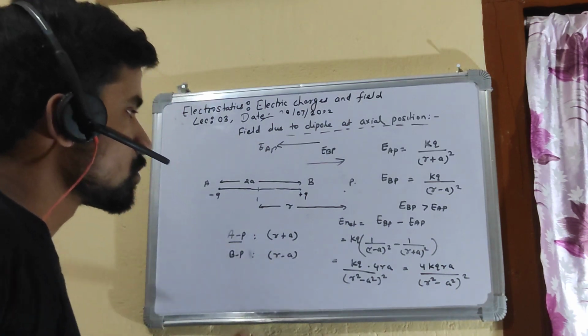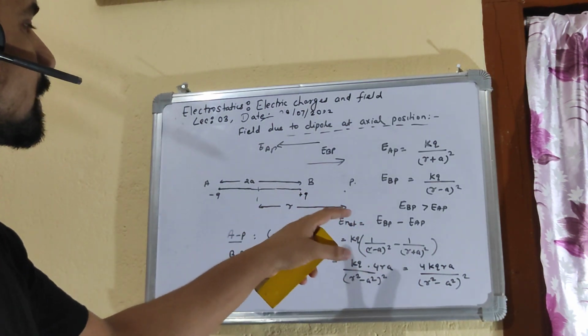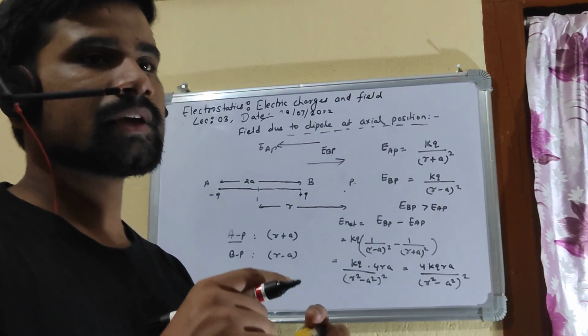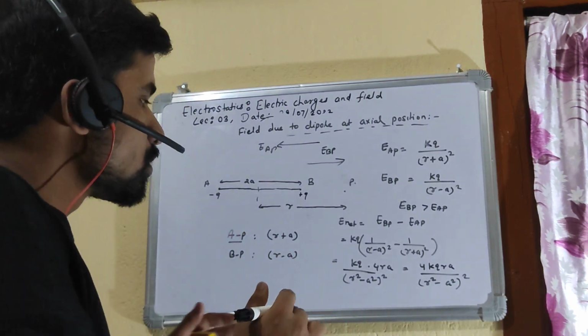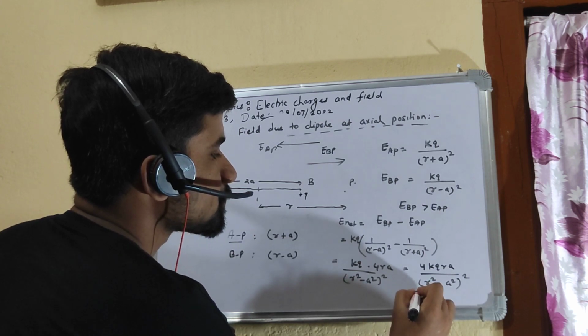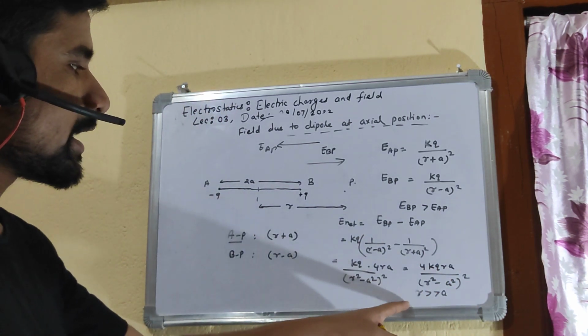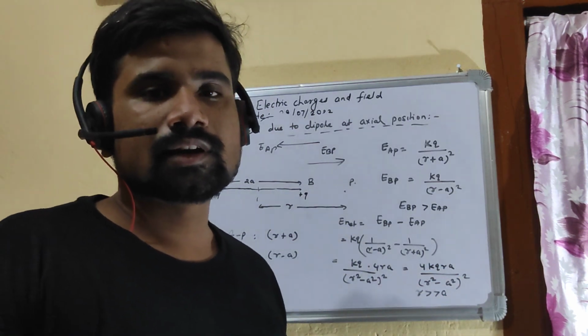Okay. So now we assume that this particular r is very much greater than the distance between these two charges, because generally dipoles are very small systems and the distance is very small. So r is very much greater than a, right? So if r is very much greater than a, r square minus a square won't have its contribution, right?